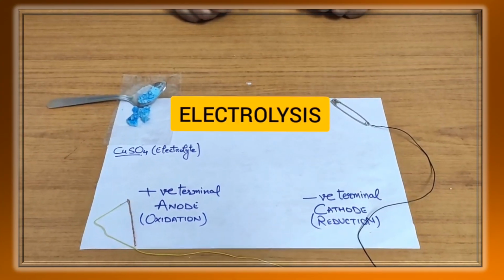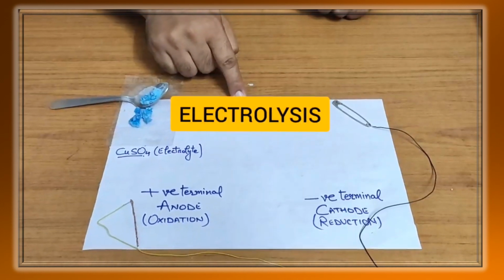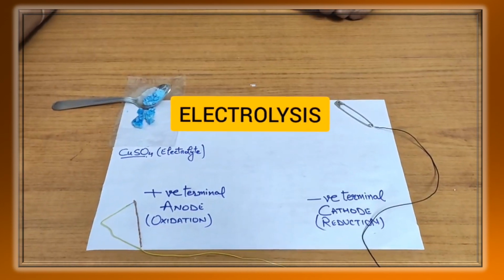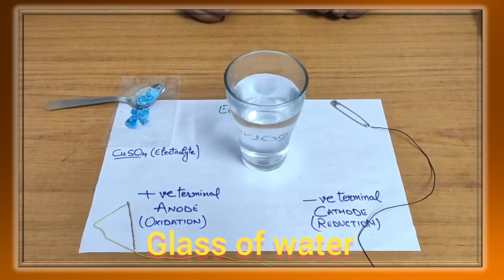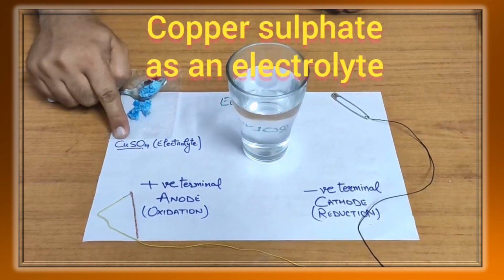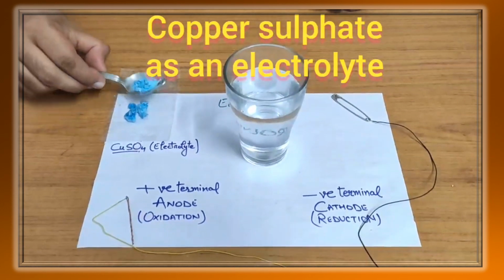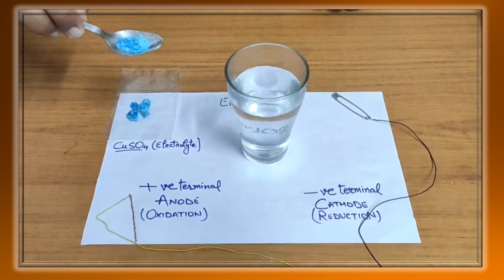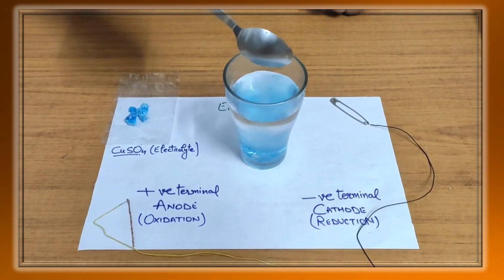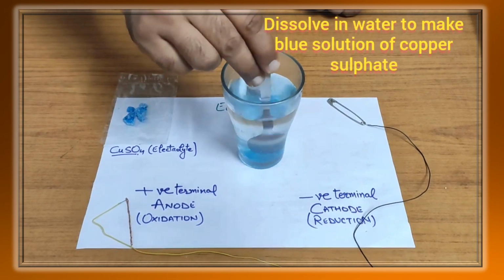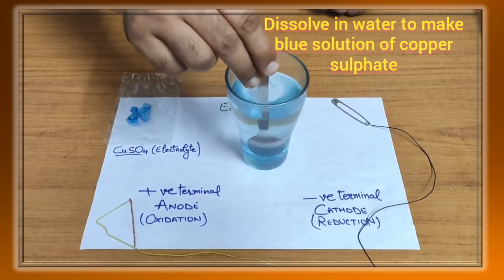Let's study the process of electrolysis by doing an activity. Take a glass of water. In this, we use copper sulfate as an electrolyte, which is blue in color. Dissolve the salt in water to make a clear blue solution of copper sulfate.